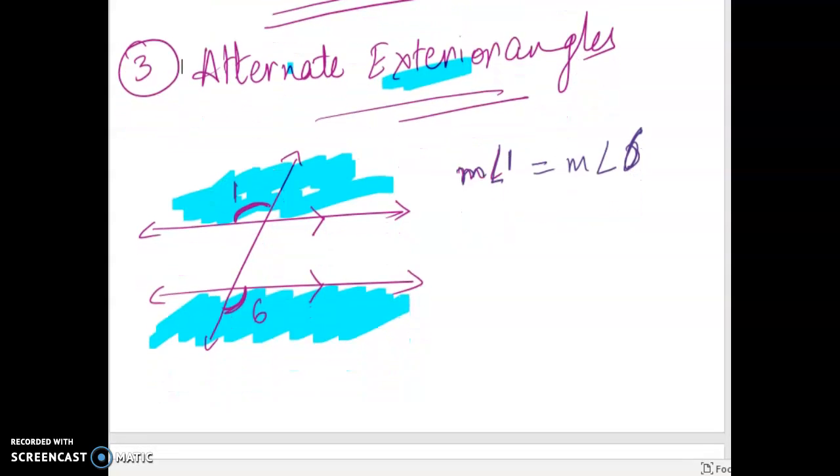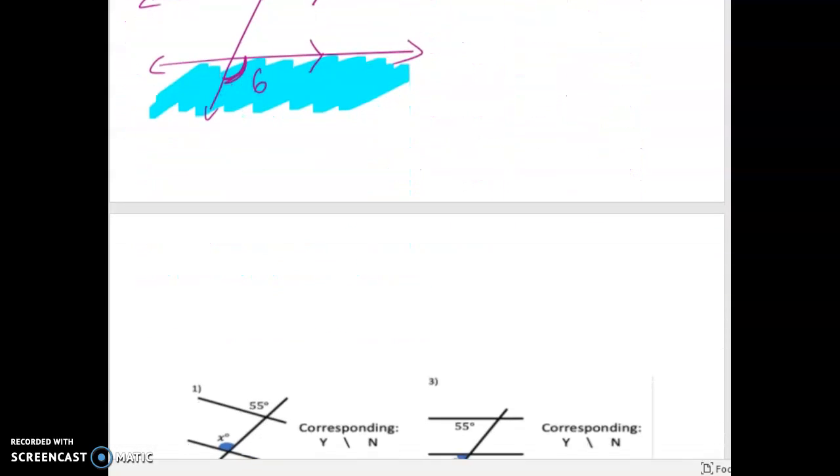Now, the fourth in the category is called consecutive interior.